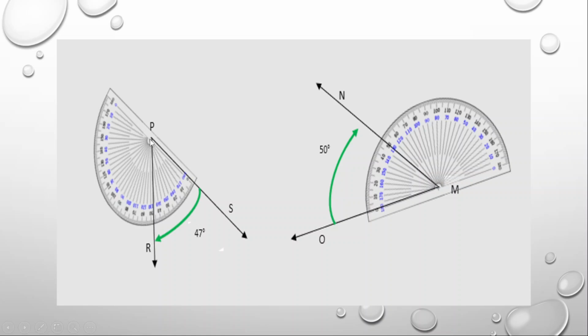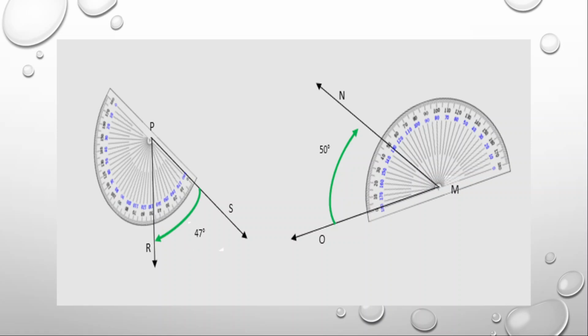So you rotate it until you get the center point on the vertex and the baseline on one of the rays. Now you start counting, and you always start counting from naught. Naught, 10, 20, 30, 40. Here's 40. There's 45 and another 2, and we get 47 degrees.